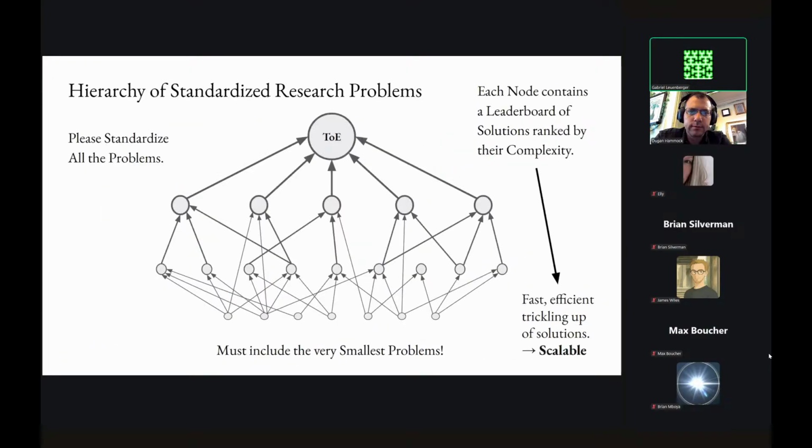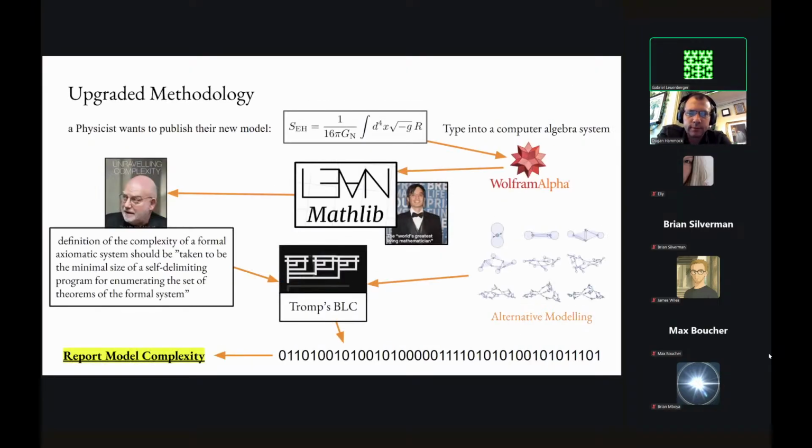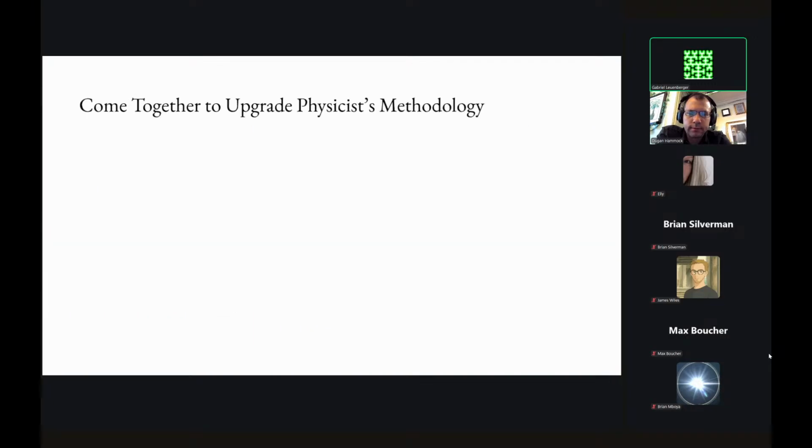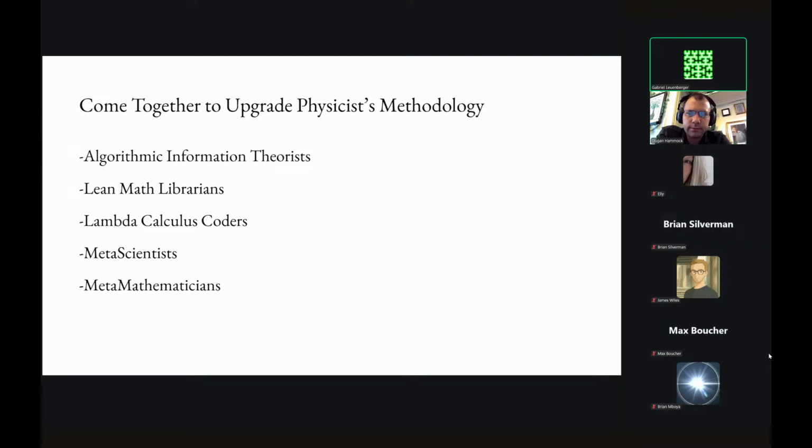But of course, it is quite a lot of work to standardize all of this, and also to write a compiler for this is a bit of work. And then a few people should actually probably work together, such as algorithmic information theorists, people that know the Lean math library, people that are good with lambda calculus, meta scientists, meta mathematicians, and fundamental theoretical physicists.